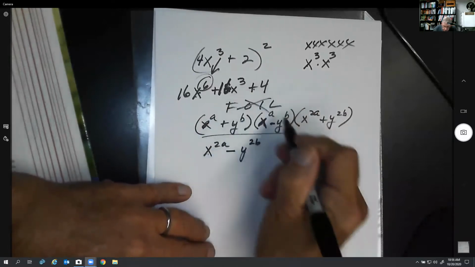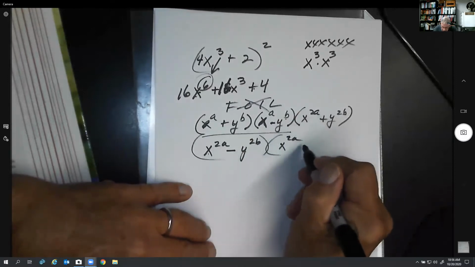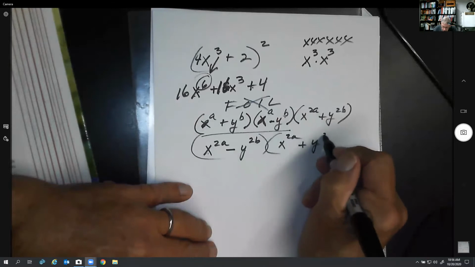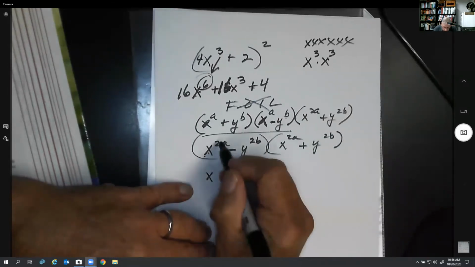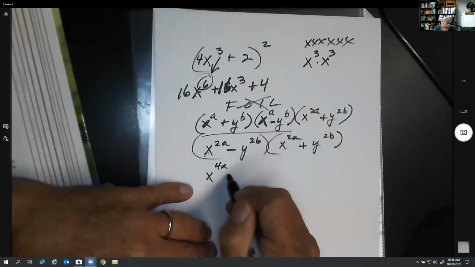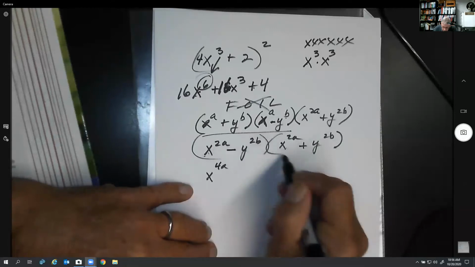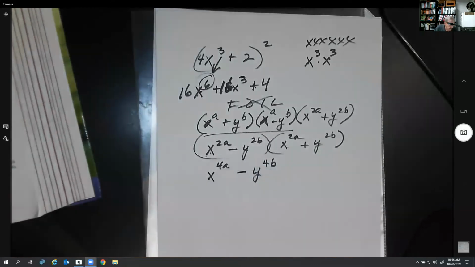And now I notice that these are exactly the same except for the signs, so now we can do it again. X to the, and we want to add the exponents, 4a, and we're going to do a short FOIL, minus y to the 4b. And then we got our answer C.